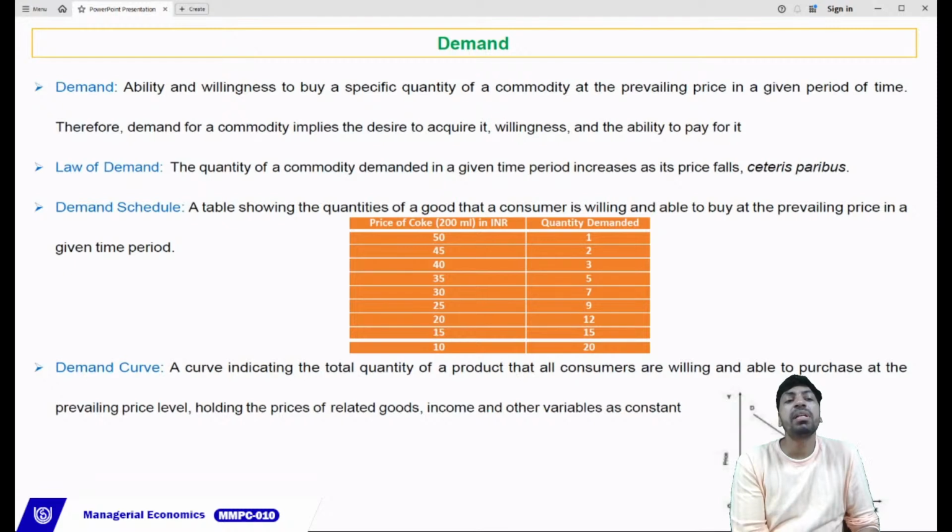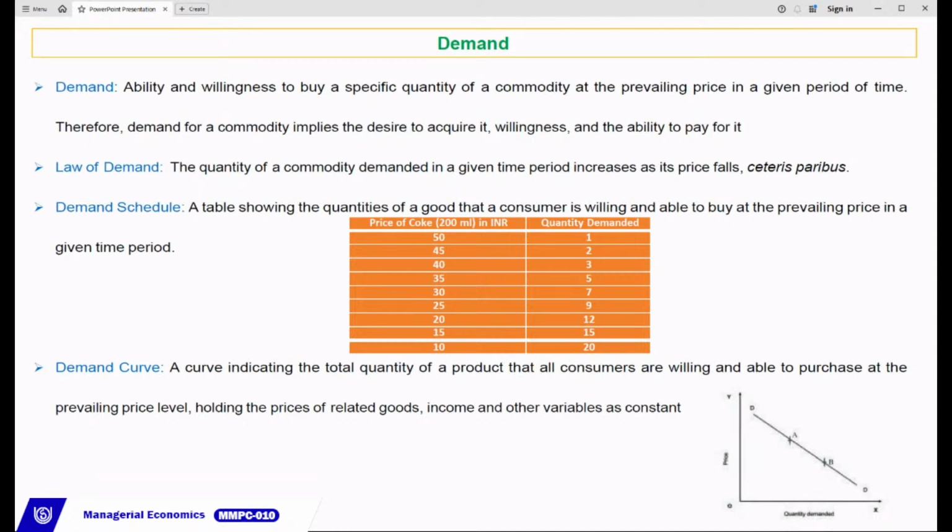When we talk about demand, the next concept is the demand schedule. Any table showing the quantities of various goods which a consumer is willing and able to buy at a particular price during a given period is called a demand schedule. On the screen, one example is mentioned: the price of a 200 ml Coke in Indian rupees.